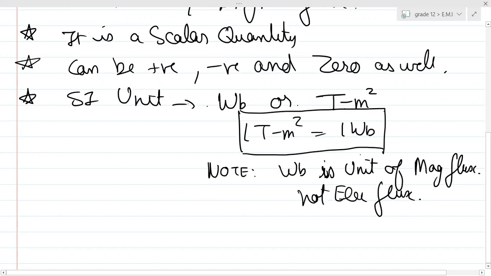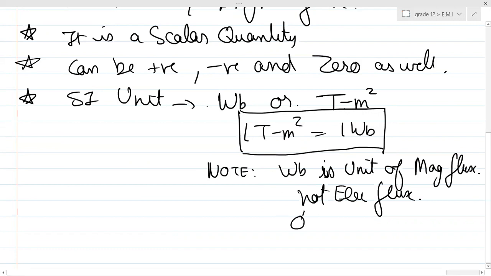Is this clear, guys? Once I got confused, thinking Weber is the unit for both the fluxes, which was wrong, and I lost 5 marks in that question. It was an objective, so 4 marks for wrong and 1 mark for negative marking. Although it is very silly, it's a very minute detail which people generally don't pay attention to.